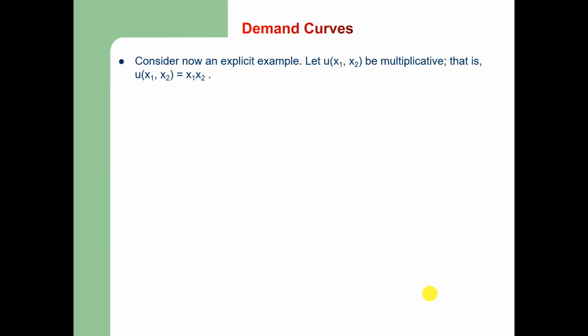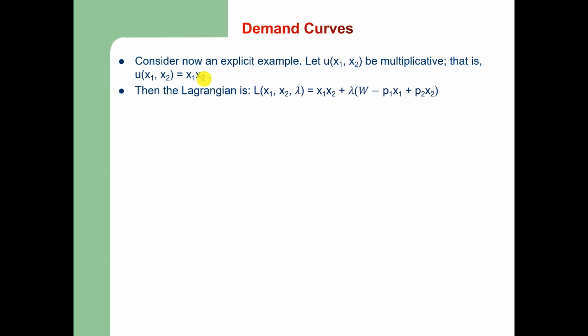Now we may discuss an explicit example. Let us suppose the utility function is multiplicative, and this multiplicative utility function is given by x1 times x2.